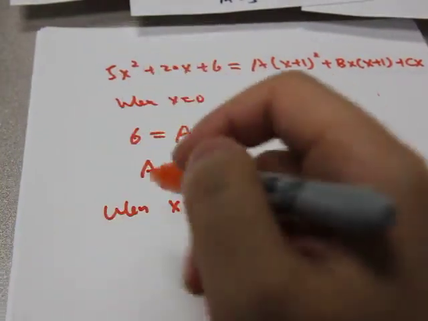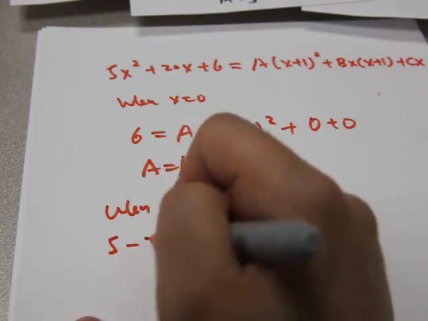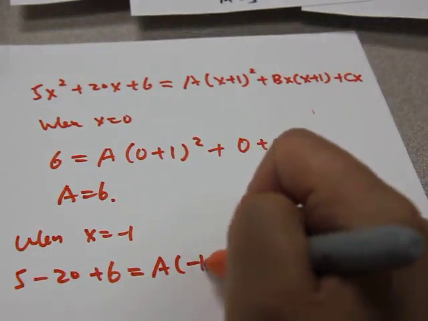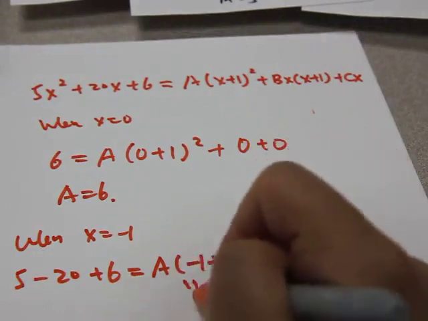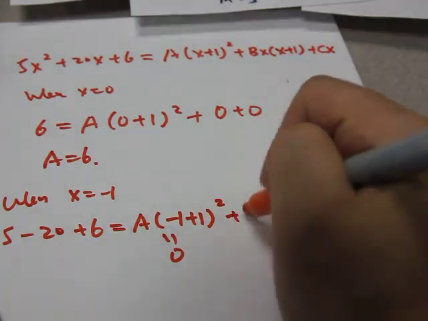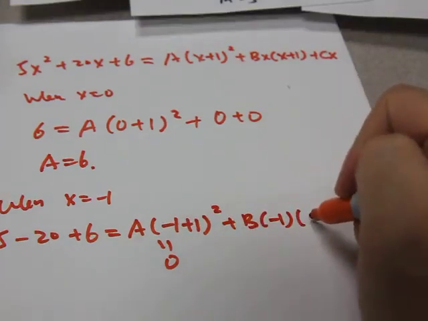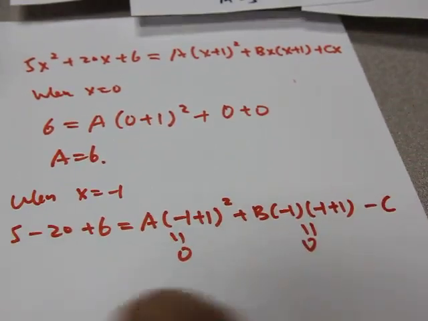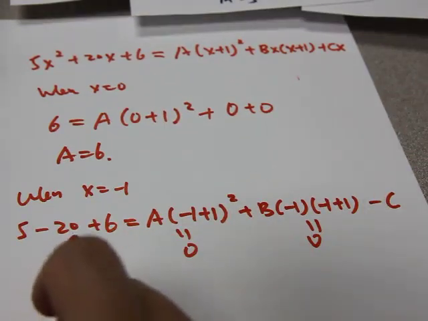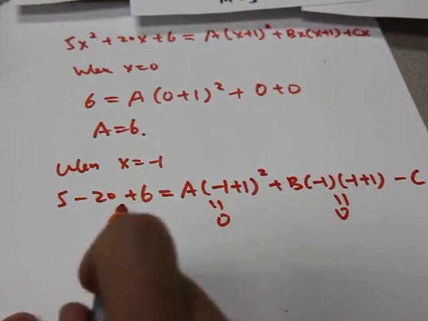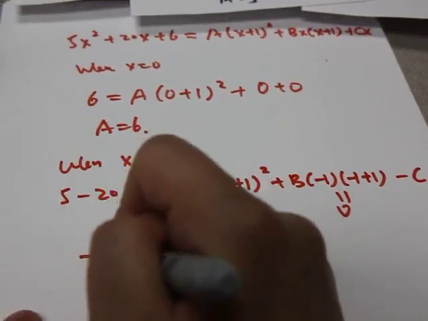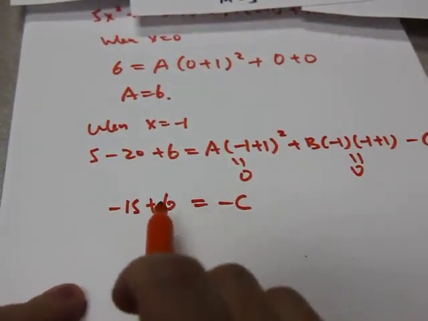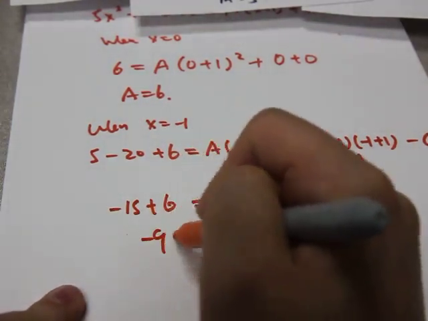So the left hand side is 5 minus 20 plus 6 equals A times (negative 1 plus 1) squared, so this is 0, plus B times negative 1 times (negative 1 plus 1), this is also 0, and minus C. So by comparing C and the sum of these numbers, we can have negative C equal to negative 9.